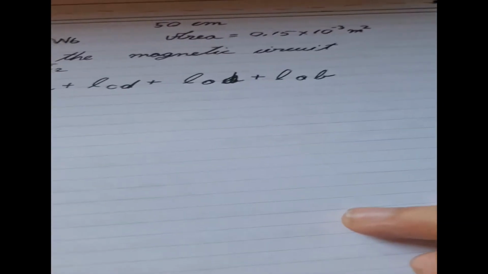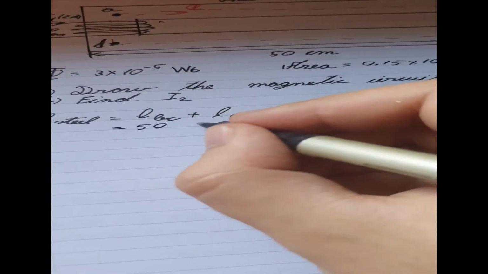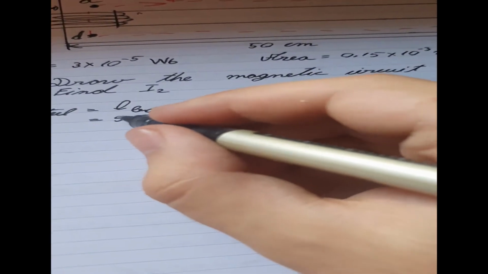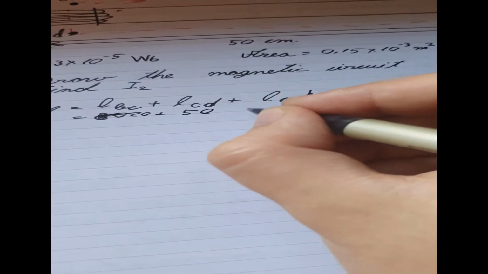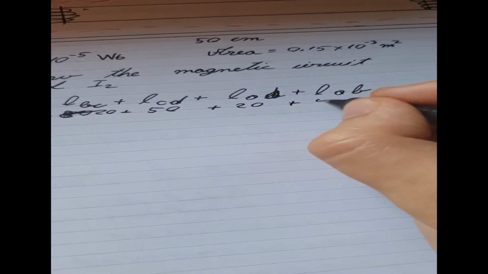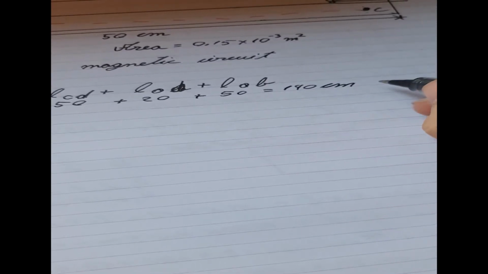So let's write it properly: 20 plus 50 plus 20 plus 50, and that would be equal to 140 centimeters, that would be 1.4 meters, wouldn't it? Yeah, and that will be a problem.